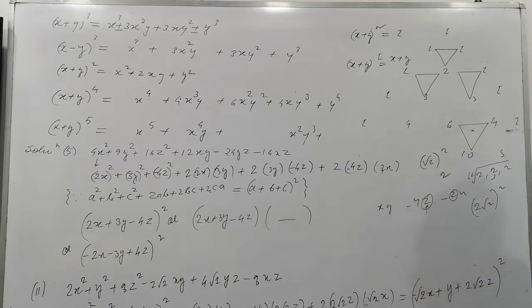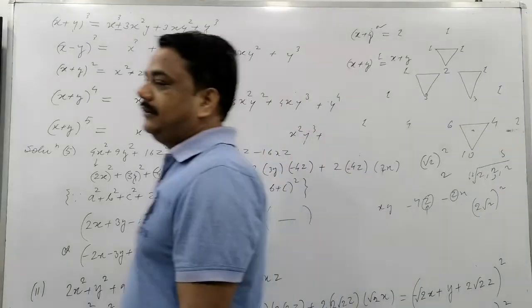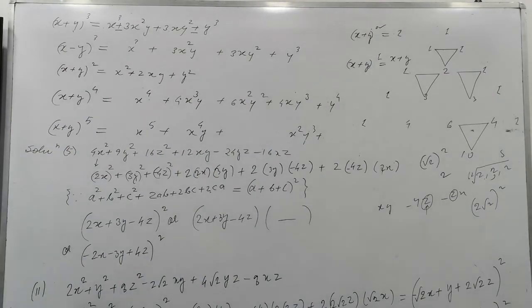Or you can take root 2 x and here y can be negative. Is that clear? There are two ways of writing that, meaning yz can be negative or only x can be negative. So you will write this or this. This is the factorization. You got this? Okay, you may write. Go on fast.